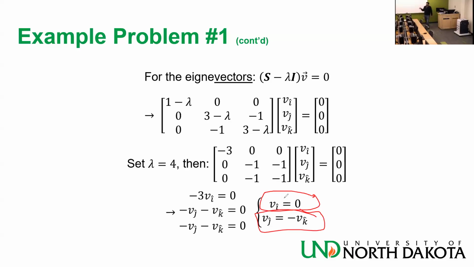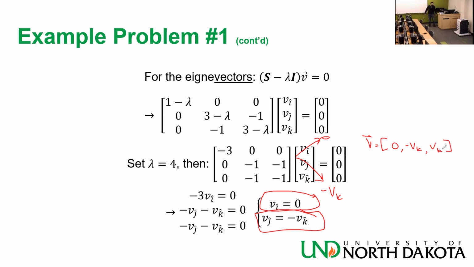Okay, this is not enough. It doesn't give me the 3 values I want. It just tells me that this value is 0, and then it tells me that this value is minus Vk. So it's like I have my V is 0, minus Vk, plus Vk. Okay?